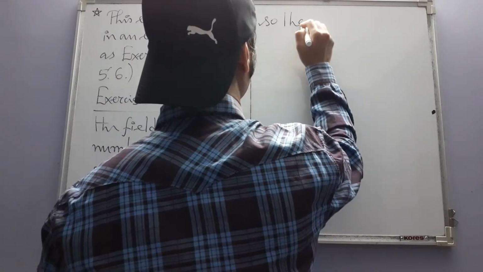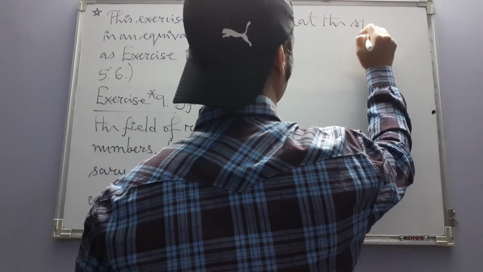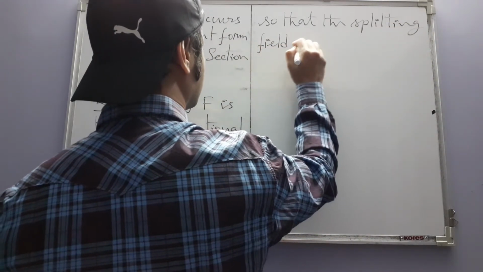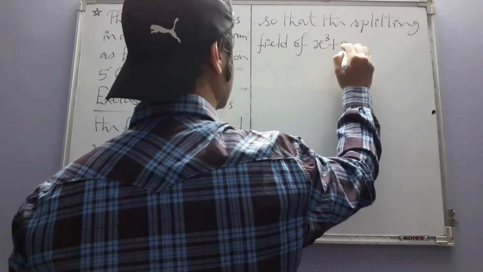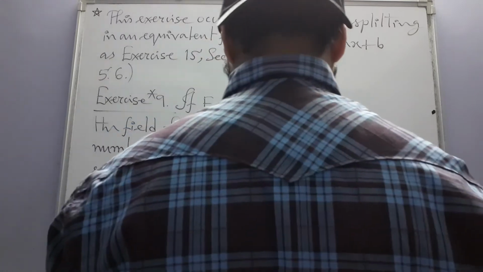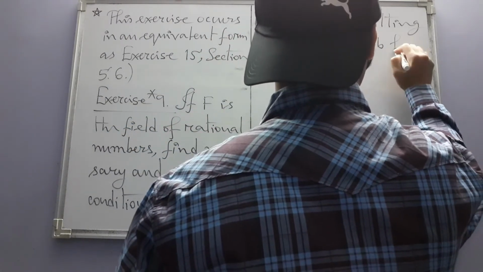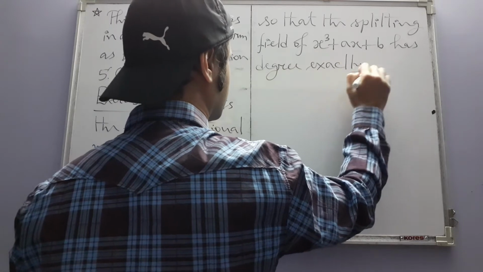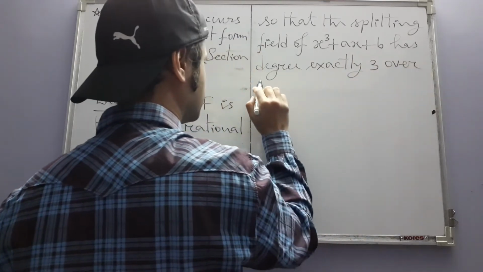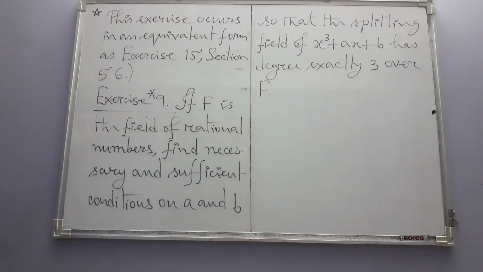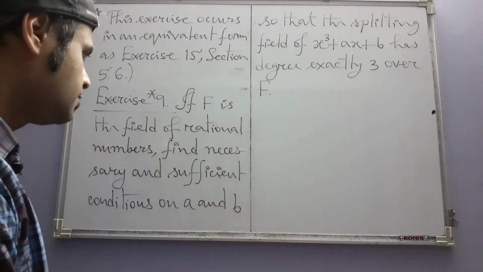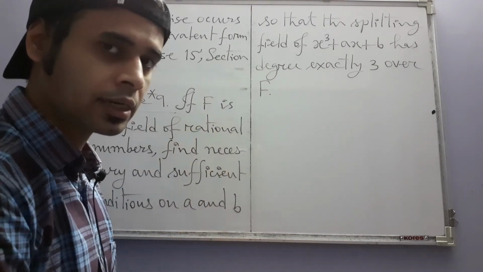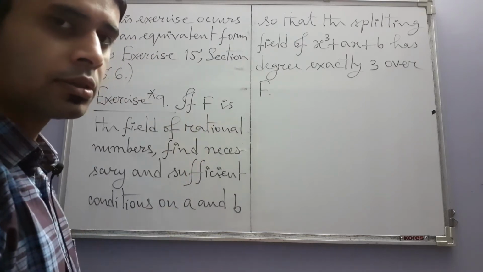So that the splitting field of this cubic polynomial x cube plus ax plus b has degree exactly 3 over F. That means, of course, A and B are rational numbers, because we are over the field of rational numbers, and this is a polynomial over the field of rational numbers.